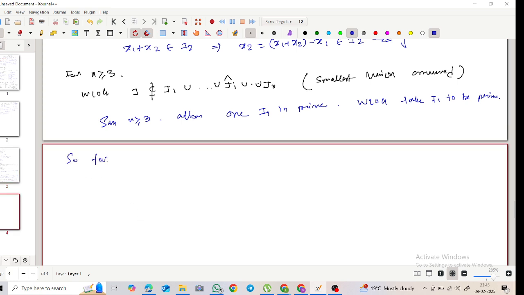So for each i, there exists xi, just as before, inside J minus the union of I1 through In with Ii omitted, since J is not in the smaller union. So if you take one of the ideals out, you will get an element which is not in J's cover, right?